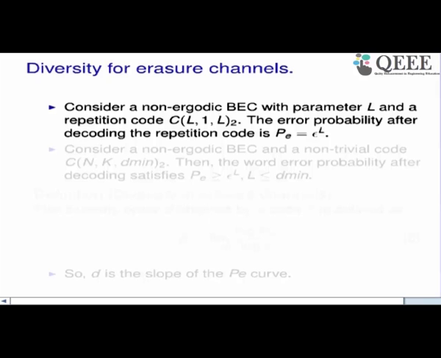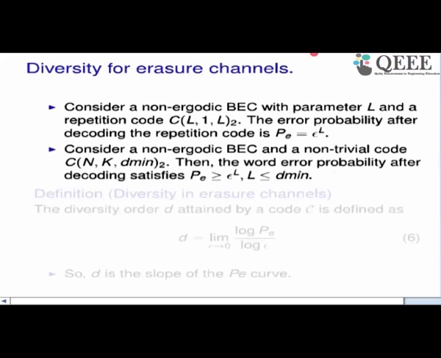It tells us how far the probability of error is going down. Now, similarly, what happens when you take a non-trivial code? I won't go through this derivation, but you can understand from the previous case what we have done. The probability of error is again going to be dependent on L, provided L is less than the minimum Hamming distance of the code, and that is typical.